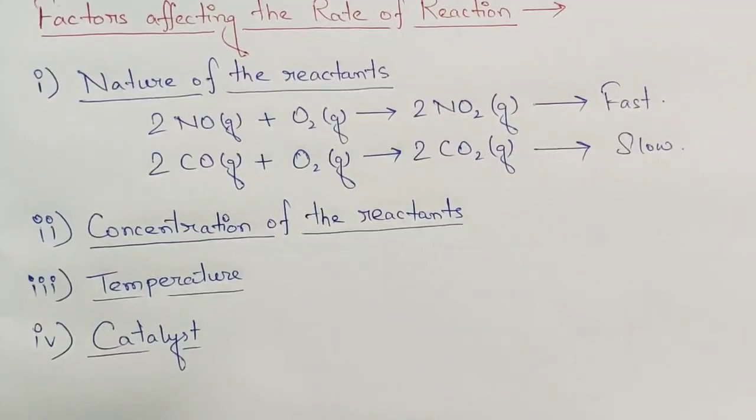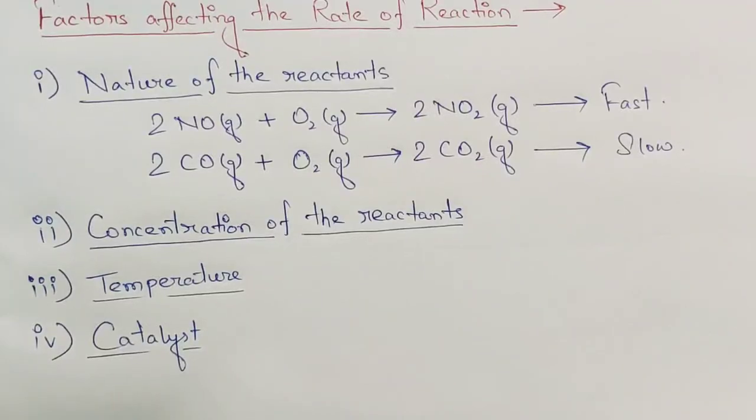Those catalysts which retard the rate of reaction or decrease its speed are called negative catalysts. In case of reversible reactions, a catalyst helps to attain the equilibrium quickly without disturbing the state of the equilibrium. Clear? So this is another important factor.